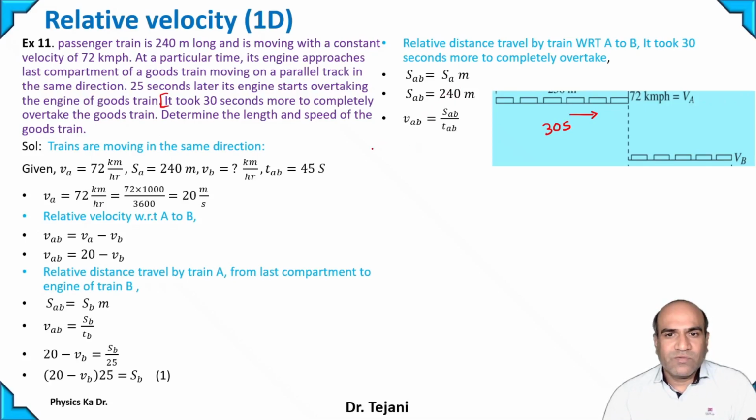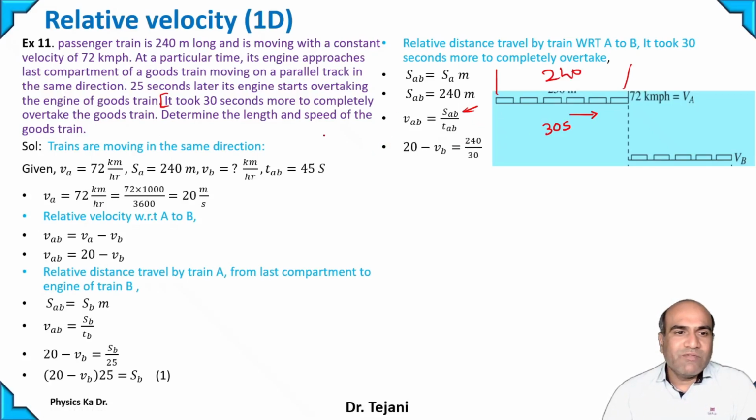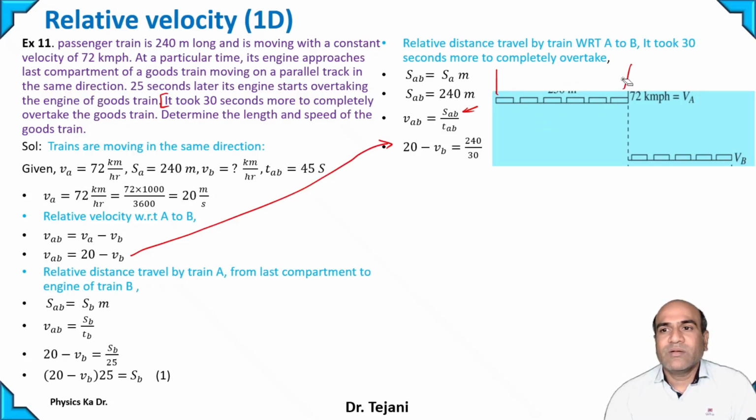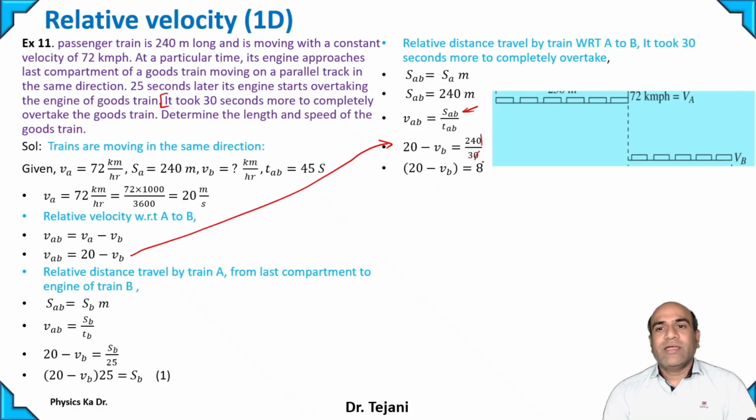240 is the relative distance. VAB is equal to this distance traveled, 240, divided by its time. It is taking 30 seconds. Put the VAB here. So it becomes 8.